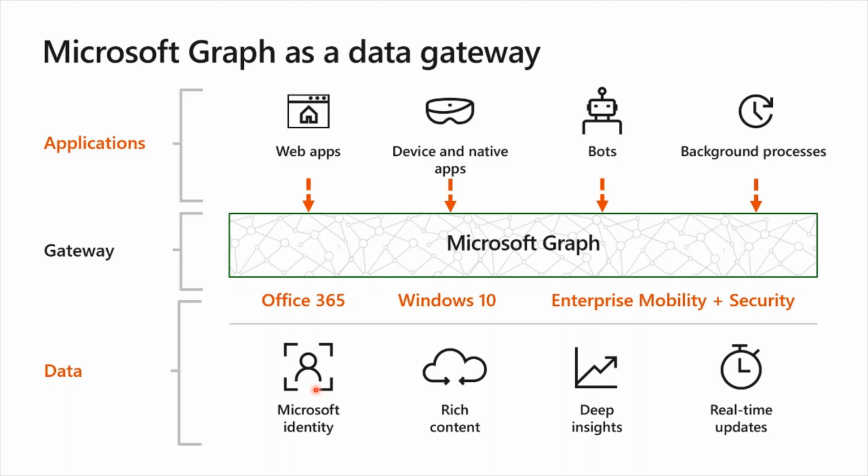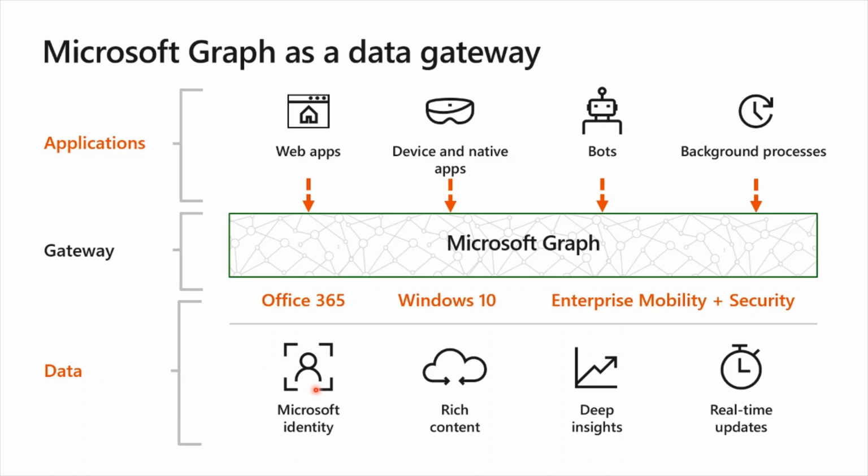Microsoft provides a unified programmability model that you can use to access the data from Office 365, Windows 10, Enterprise Mobility plus Security, client libraries to access data from Azure Active Directory, Office 365, SharePoint, OneDrive, Outlook, Microsoft Teams, OneNote, Planner, Excel, education.